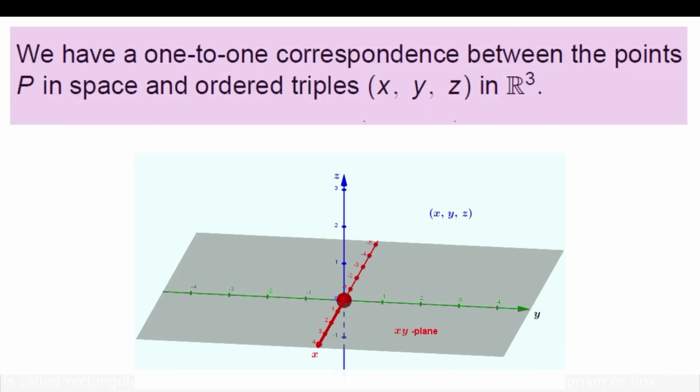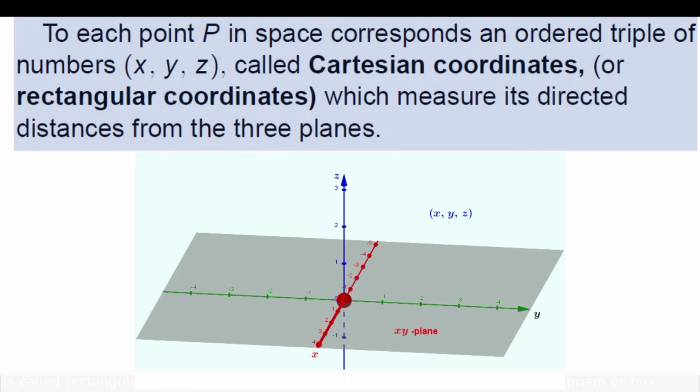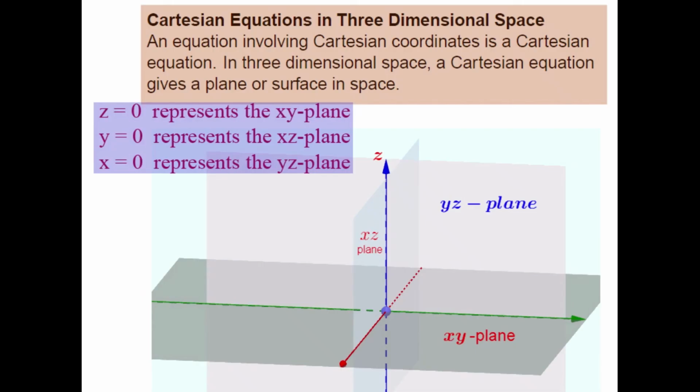We have a one-to-one correspondence between the points P in space and ordered triples x, y, z in R3. To each point P in space, there corresponds an ordered triple of numbers x, y, z called Cartesian coordinates or rectangular coordinates, which measure its directed distances from the three planes.